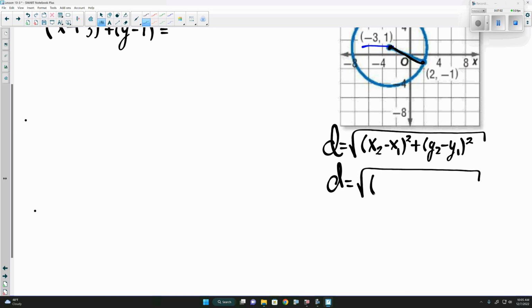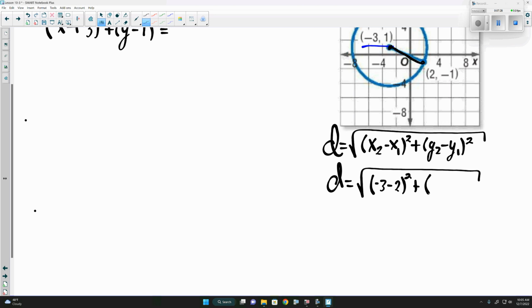Now the order of x and y, we don't specifically have to put them in that order. So if we use -3 for our x first, so -3 minus 2 squared, it does not bound us. The point from the center doesn't have to go first.